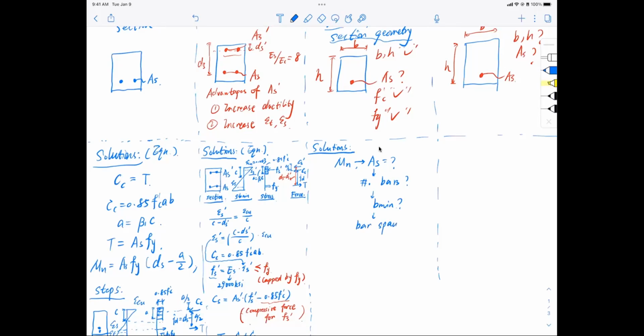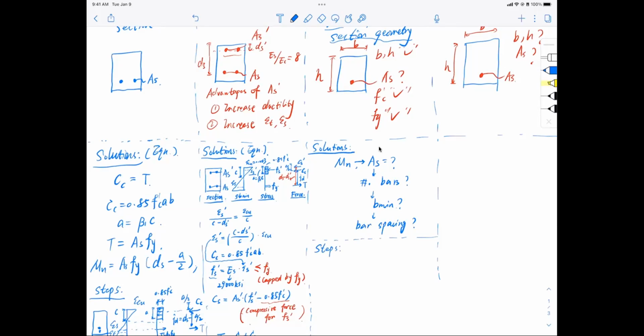Those are the details. Remember, bar spacing. I am not going to say a whole lot about the equations because you have seen those equations you need from problem number 1, analysis. Let's just go right into the steps. So how to solve the problem.